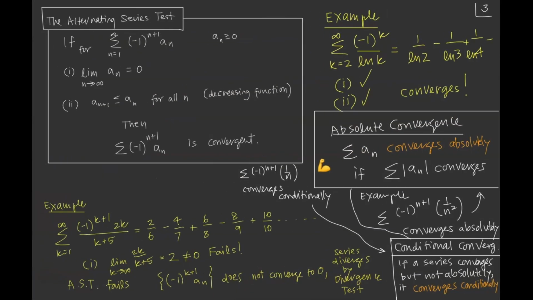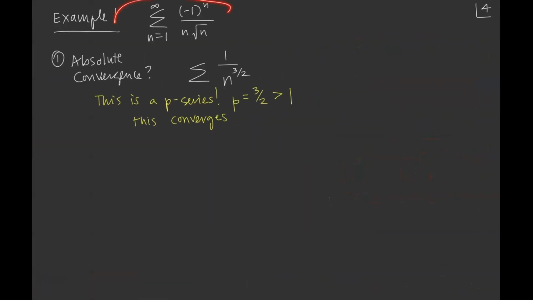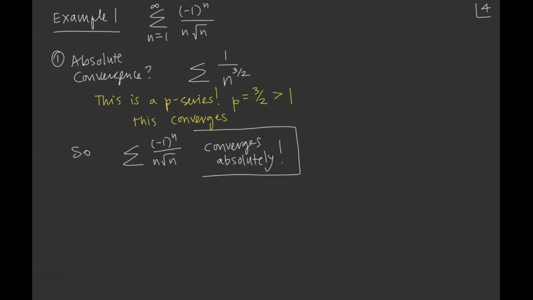Remember, you're just looking at the series of the absolute value of the terms. It was convergent, so this series converges absolutely. So we're done testing: negative 1 to the n over n square root of n converges absolutely. Okay, awesome. That was relatively quick.